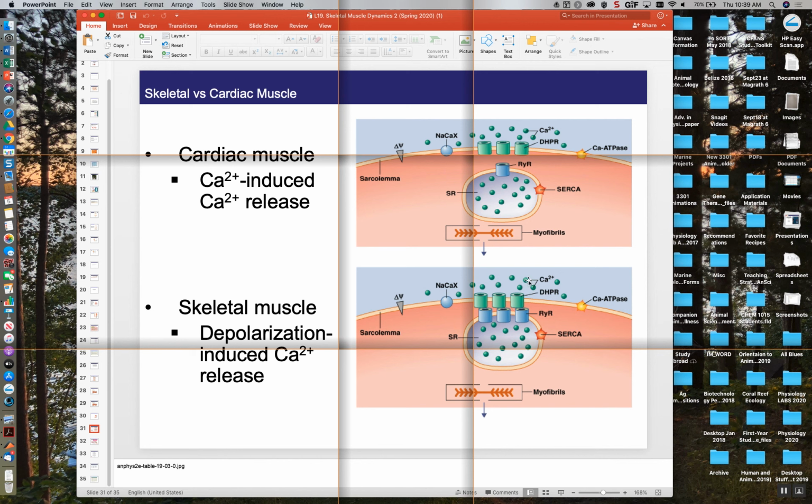So calcium doesn't flow through that voltage-gated calcium channel. It still can detect the change in membrane voltage, but that conformational change actually is translated to a conformational change of the ryanodine receptors because, again, they're physically interacting with each other. And that opens up the ryanodine receptors and calcium floods into the intracellular space. So this is called depolarization-induced calcium release.